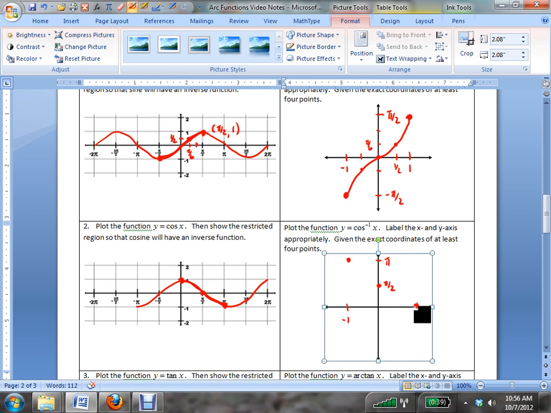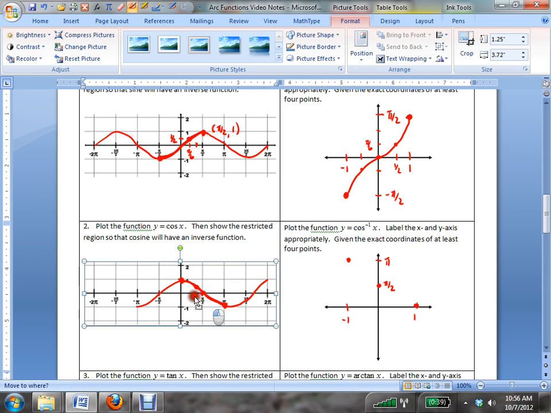Now, I'd like to have at least one other value. So what I'm going to choose is this point right here, because this point is pi thirds. The cosine of pi thirds is 1/2.